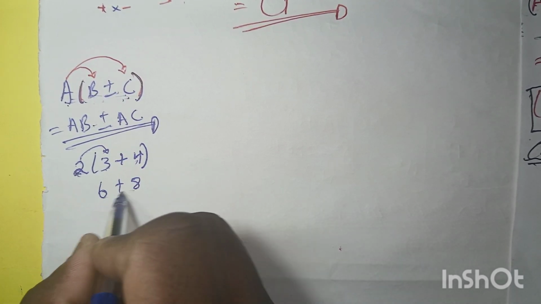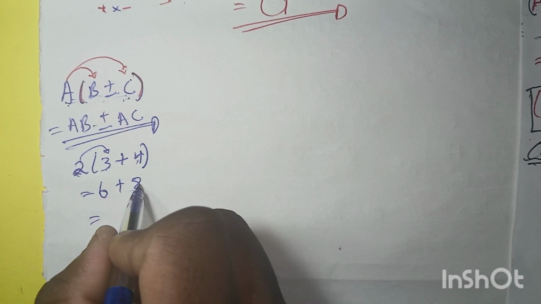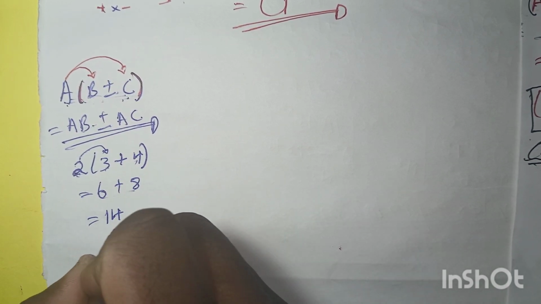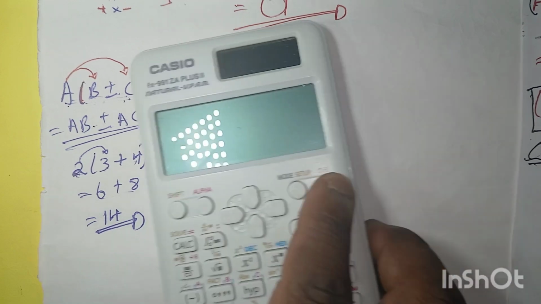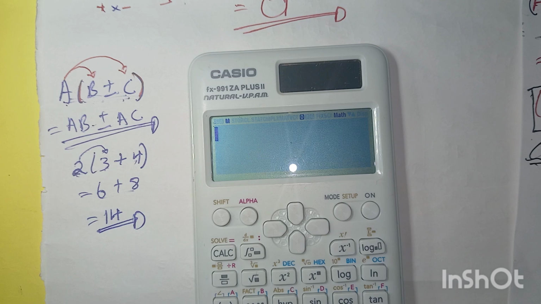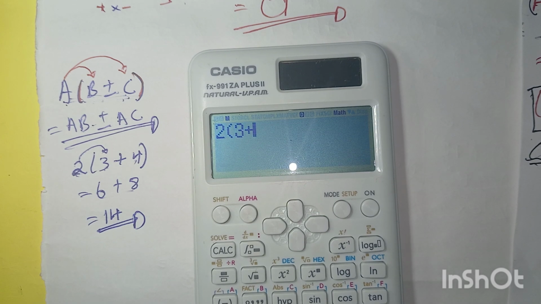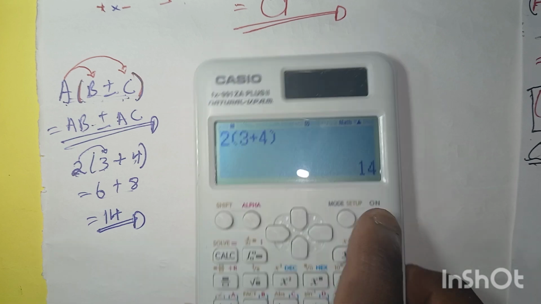And now when you add these two things, they should give you 14 as the final answer. Even if you press it on the calculator to check, 2 times (3 plus 4) is 14. Do you see? I'm a genius.